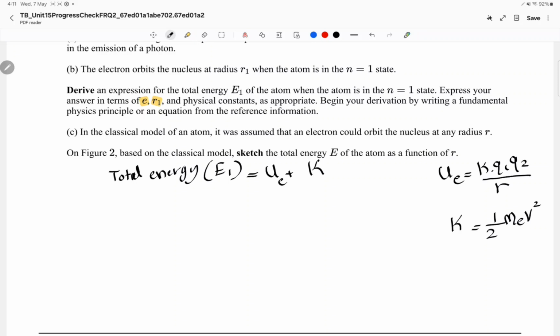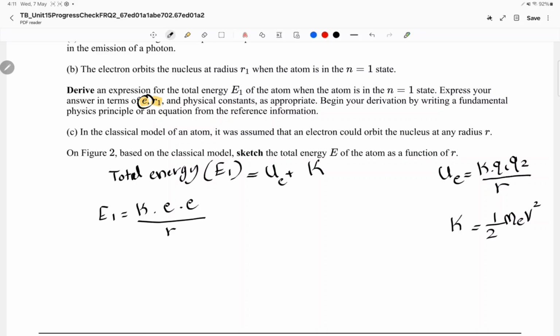Now right now let's replace. So we're going to say E1 is equal to U plus K. Now instead of q1 and q2, can we just write, because I said e, so instead of q, put e, right? We're discussing an electron orbiting a proton. That means e times e over r, okay?